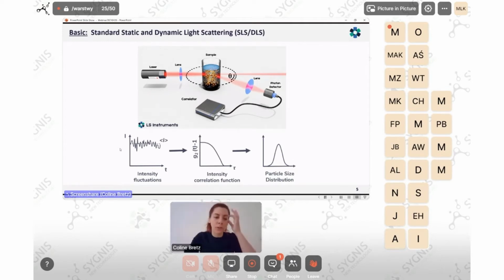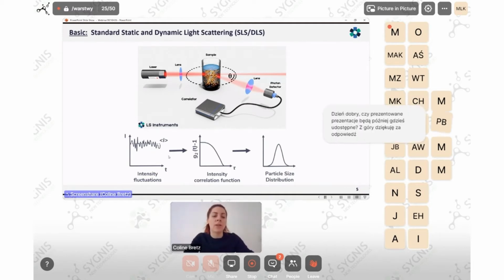On the contrary, if you have longer time fluctuations in this pattern, that means that the particles are slower, that the diffusion is slower, and that the particles typically are bigger. So already from the intensity fluctuations, you can get an idea of the dynamics of the sample.